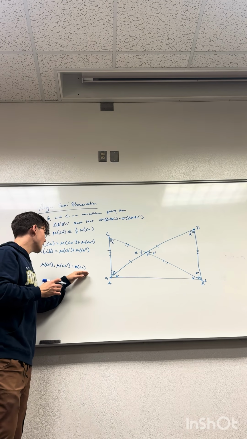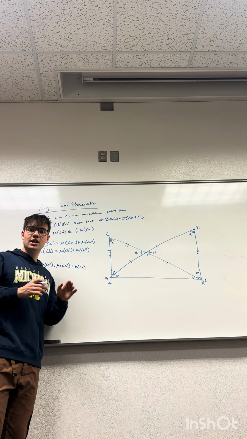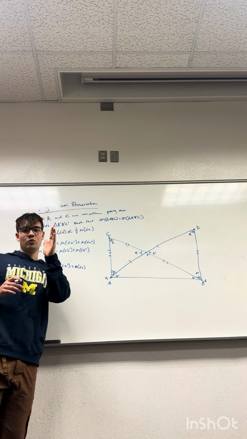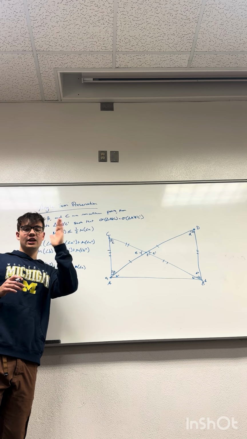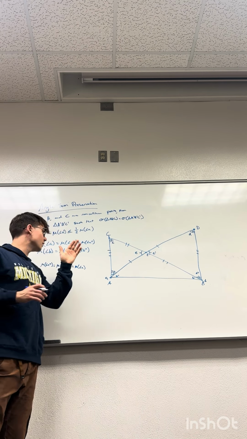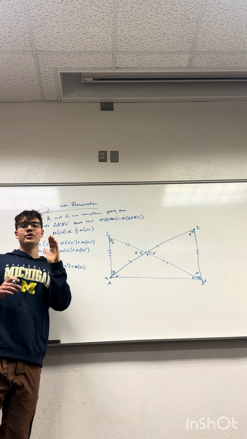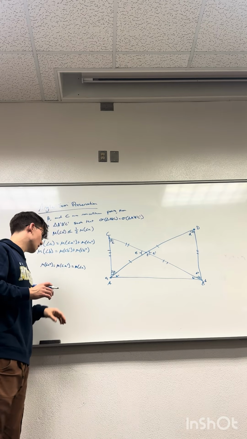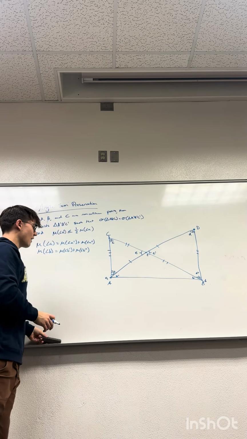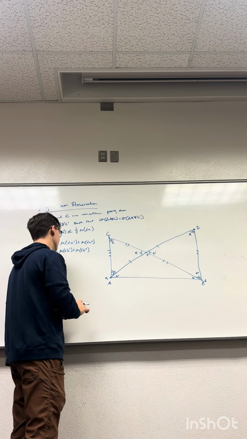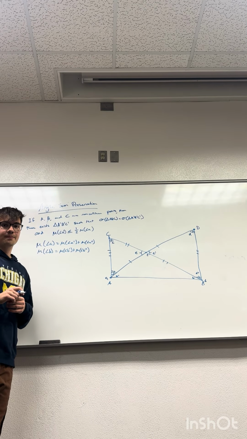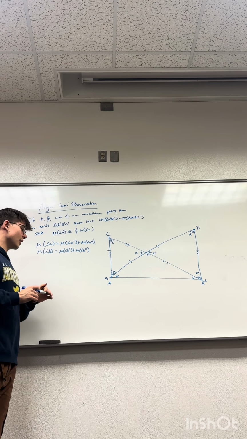We can see that the maximum that either of them can achieve, if we split it right down the middle, is 1/2. And if we split it any other way, one angle will be larger than 1/2 of the original angle A, and the other one will be smaller than 1/2 of the original angle A. So we have this relationship that at least one of these must be less than or equal to 1/2 of the original angle A.